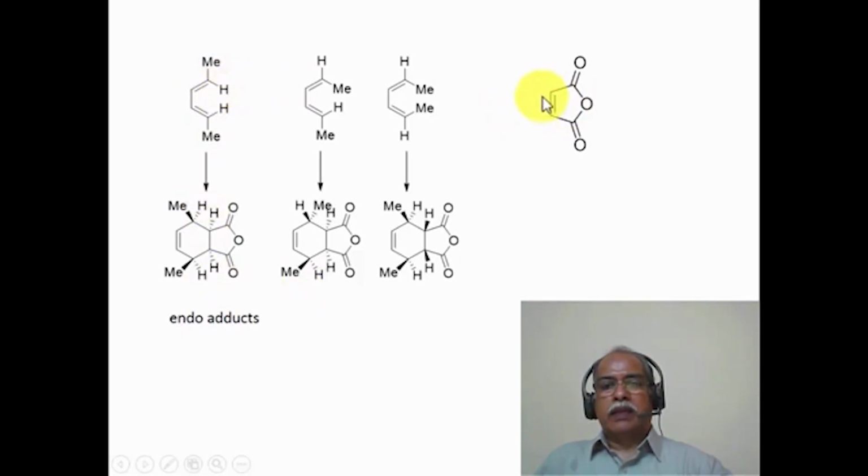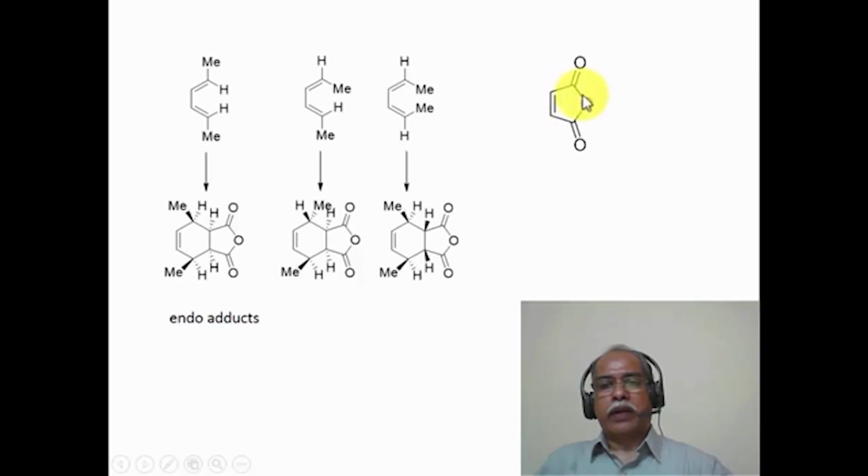So this hydrogen and this hydrogen of the cycloaddition partners should remain as cis for the endo adduct. In this particular case, this is pointing out and this also is pointing out if the endo approach is taking place. That would put the stereochemistry of these two hydrogens cis with respect to each other. Now in this particular case, the methyl is pointing out here.